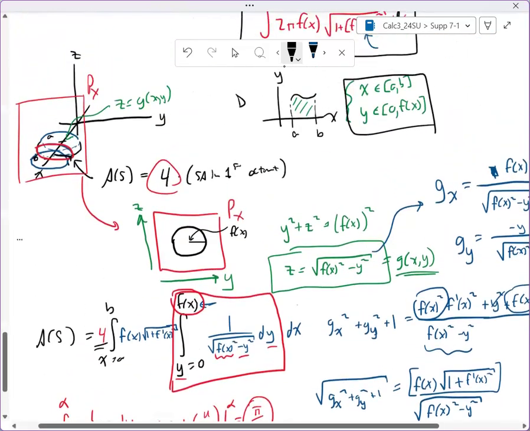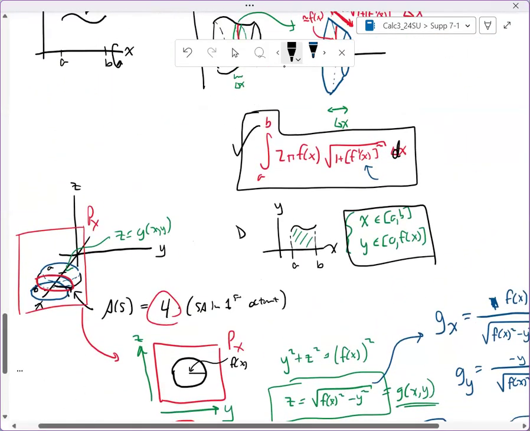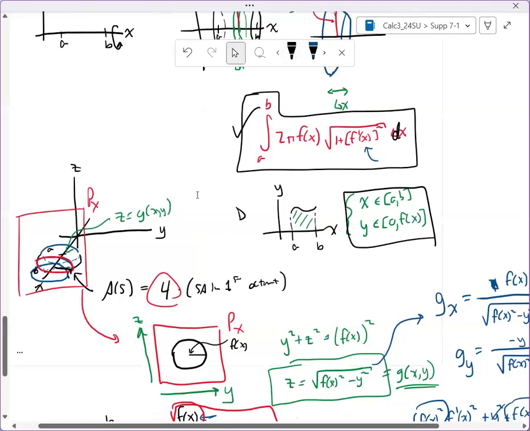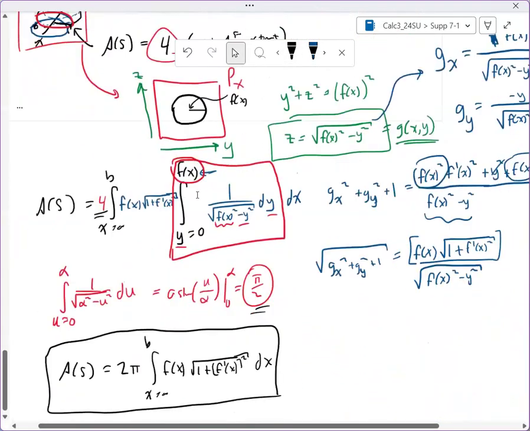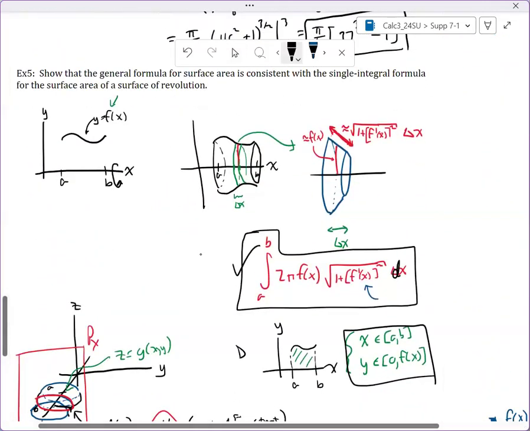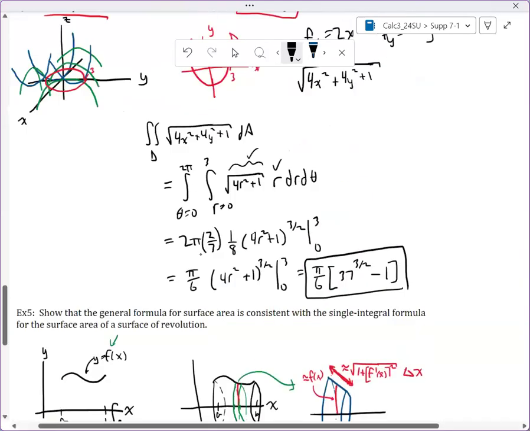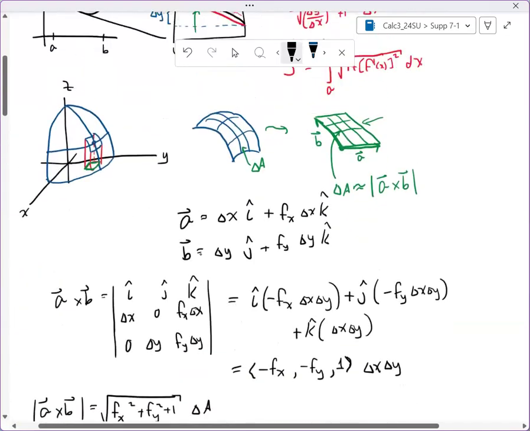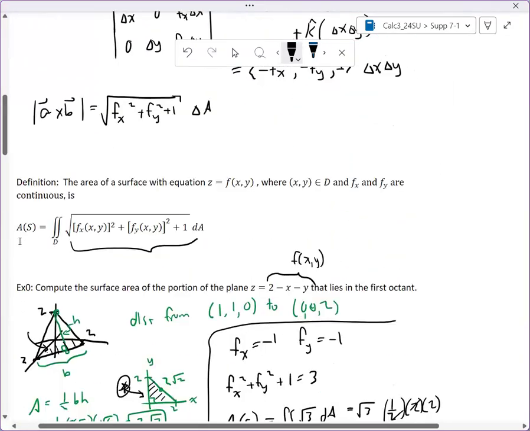And that is the integral that we came up with the other way, the more geometric way, I suppose. So we do see that the two are consistent, that this integral works for the special case, and that we now have a more general version. We have a definition that can handle surfaces that are not just surfaces of revolution.